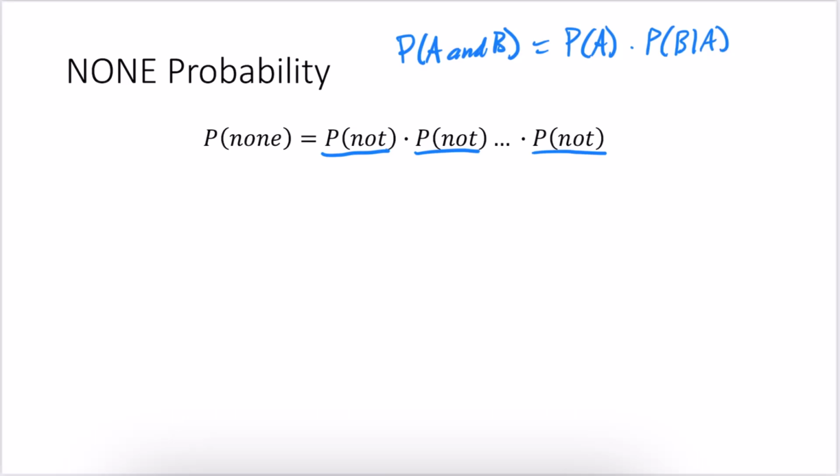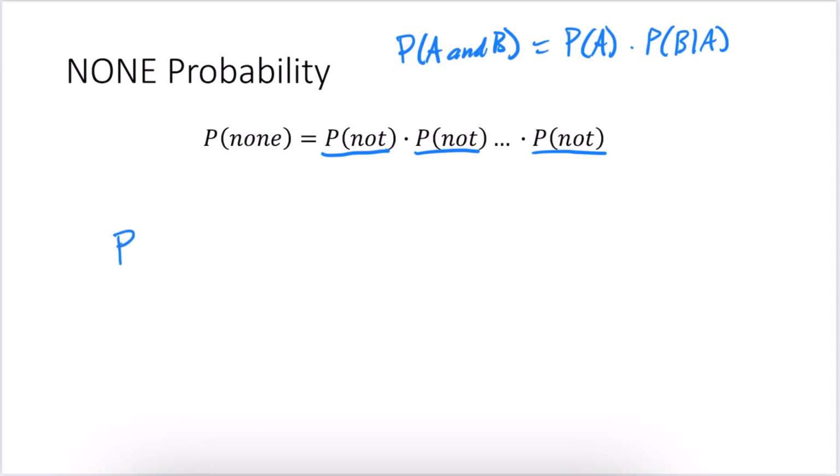And so you would say, okay, if I want to have none of my dice rolls equaling 3, then I need to have my first die not be a 3, and my second die not be a 3, and my third and my fourth and my fifth.